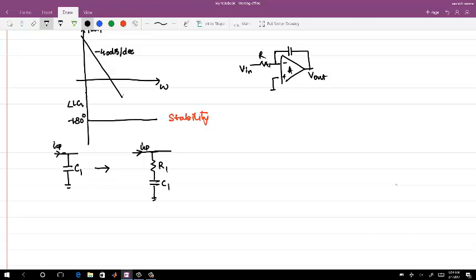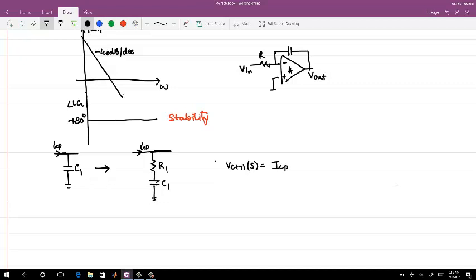So what we have is, if you look at V control of S, that will be ICP. Since we are writing in the Laplace domain, I use uppercase here.